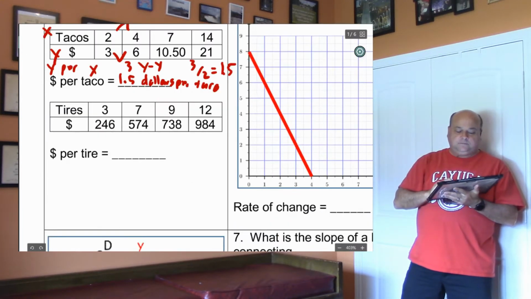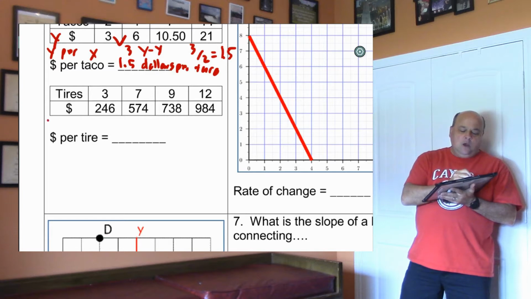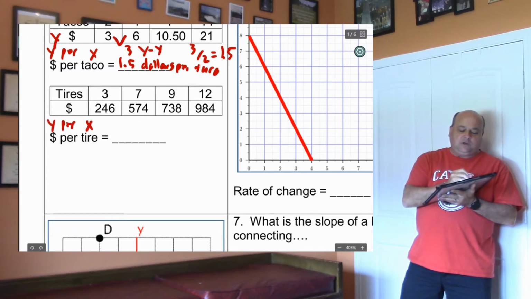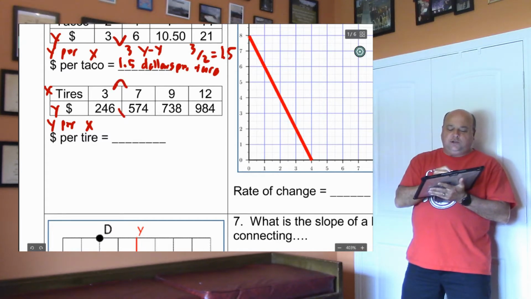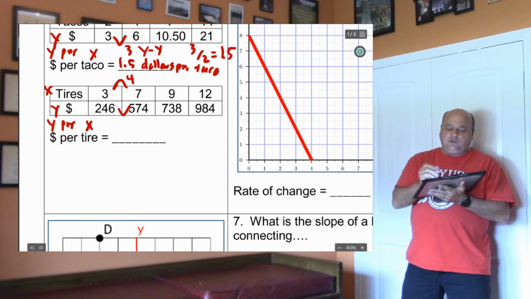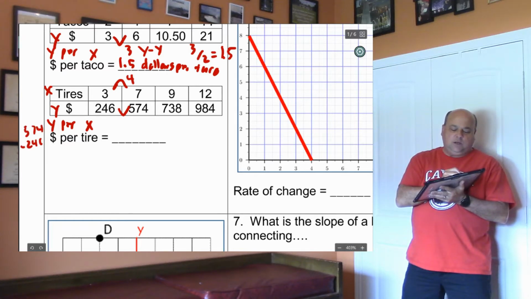Let's go to the next one, okay? Y per x. So the y is dollars, the x is tires. I would just tick mark the first 2. From 3 to 7 is 4. And then if you subtract these, 574, I'm going to have to do that to the side, minus 246, which is 328.